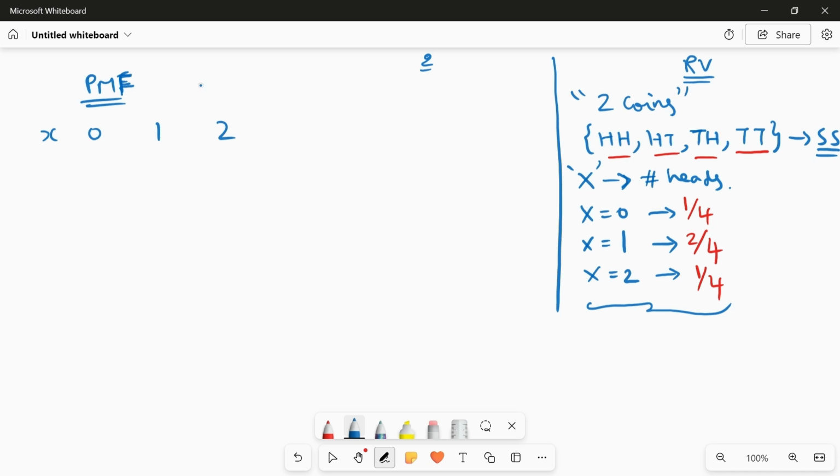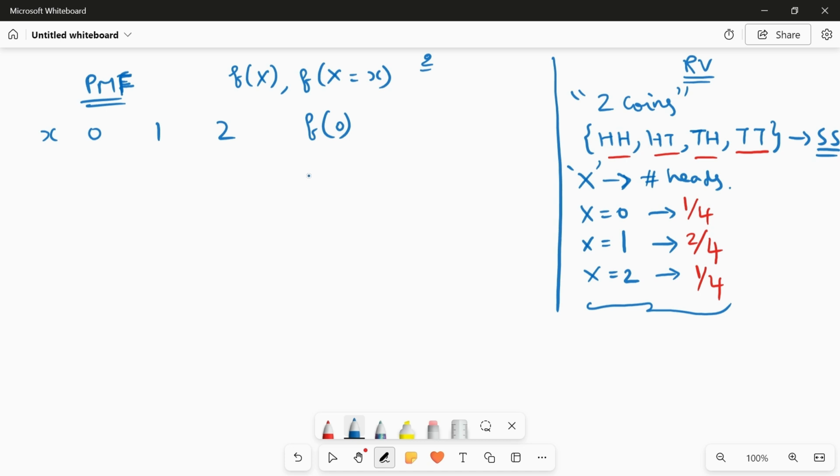In some books they would directly write f of x, or in some books they also write f of X is equal to x. Both are not exactly the same, but they are for representation purposes, okay? So every time you need not write X is equal to x, that's why they put f of capital X. But f of 0 has no meaning, okay?